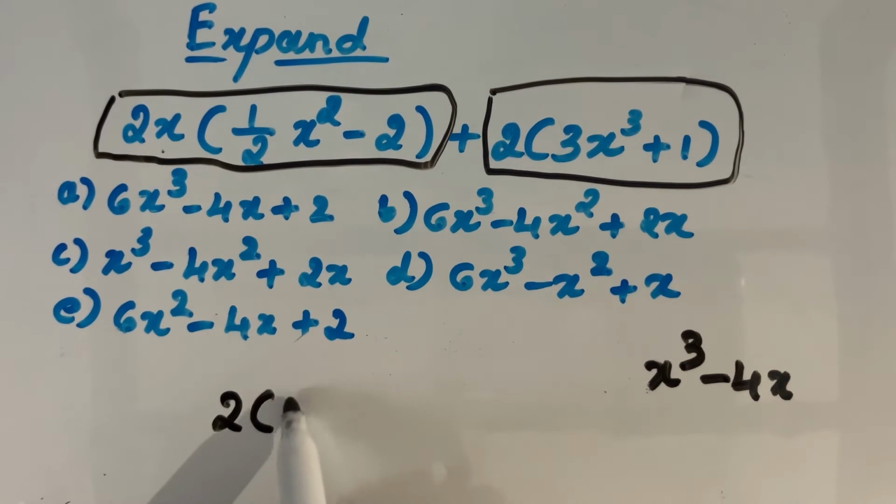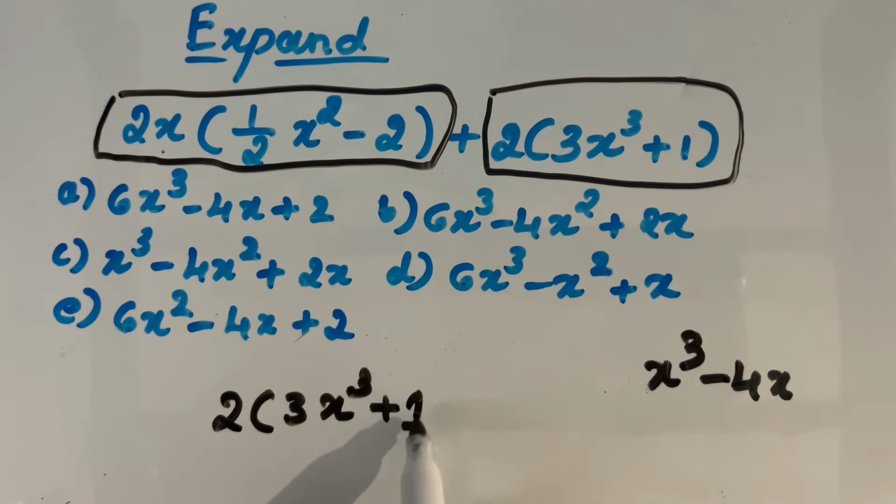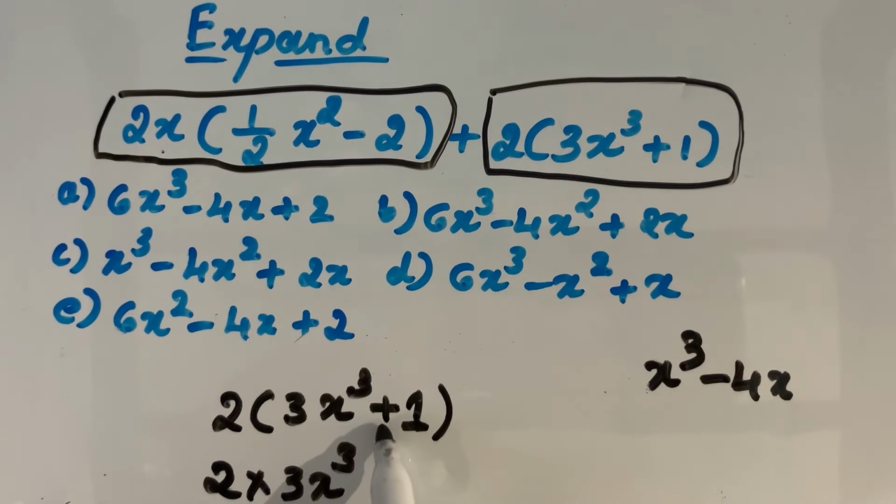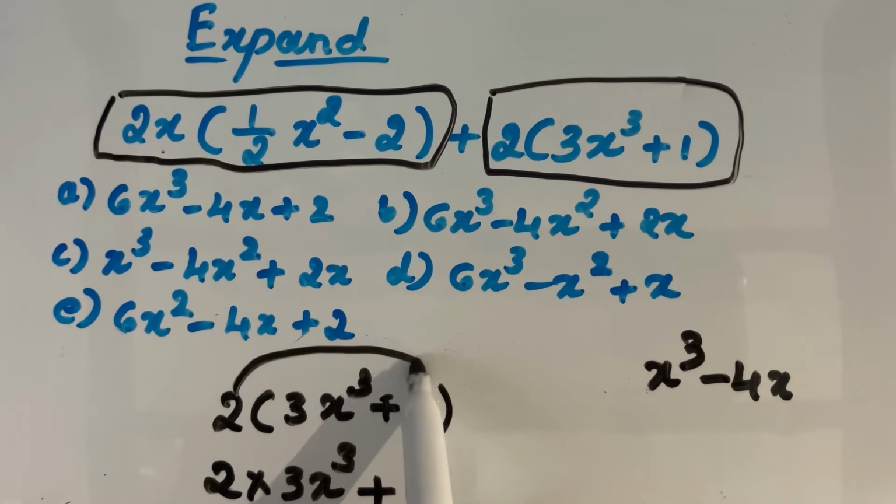2 times (3x cube plus 1). Let's simplify this the same way. That means you have to multiply 2 and 3x cube. That is 2 times 3x cube. And you have an addition sign here. Also you have to multiply 2 and 1. 2 times 3x cube plus 2 times 1.